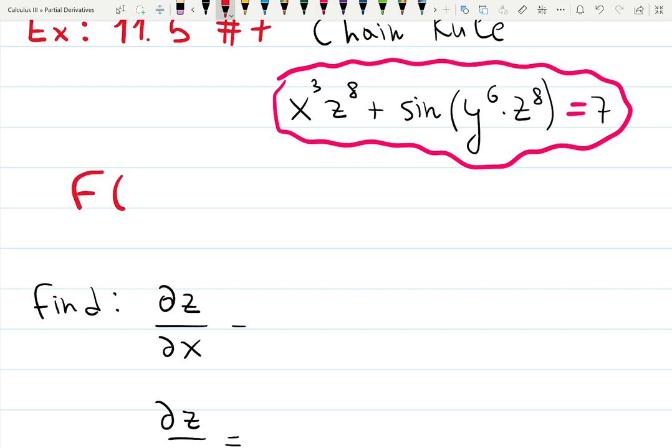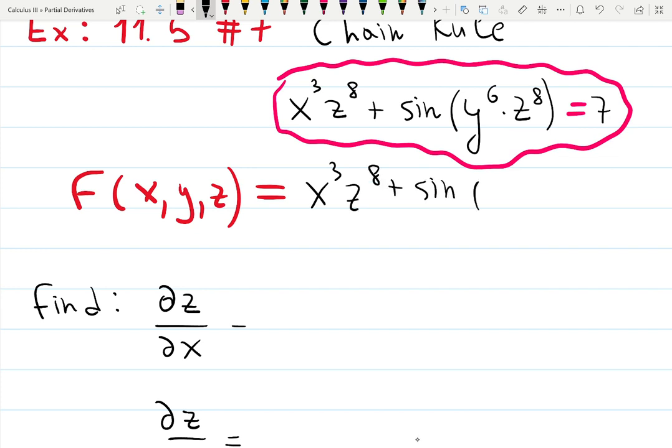We call it f. Okay, I see 3 variables, x, y, and z. And then to put this equal sign, what should I do? Move 7 to the left. x cubed z to the 8 plus sine y to the 6 z to the 8 minus 7 equals 0. So without equals 0, this is the name of the function.